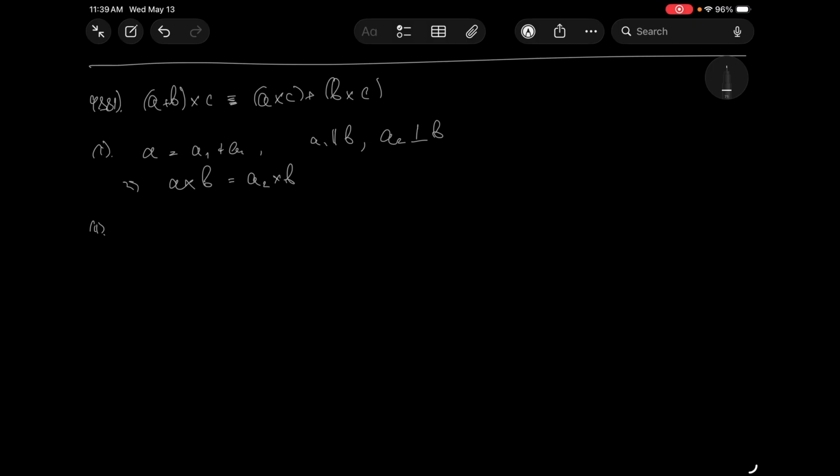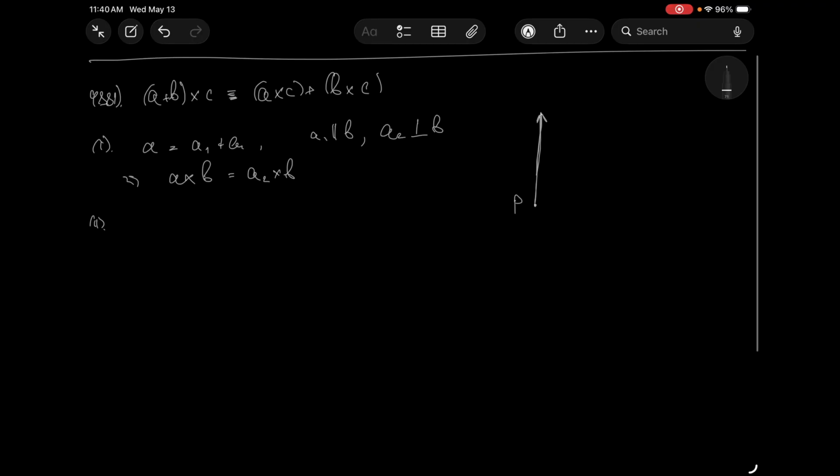Let me sketch a simple graph to demonstrate how this is going to look. Let's suppose we have a point P, and from this point we can depict a vector.